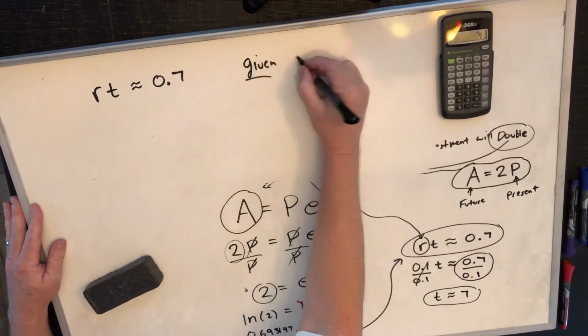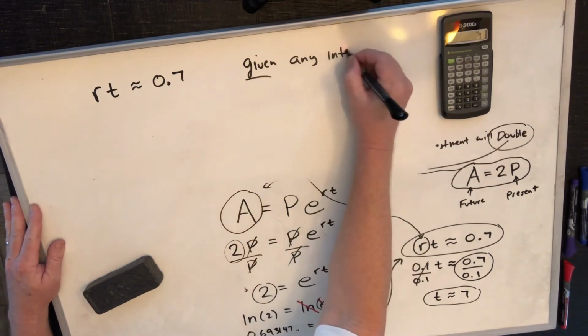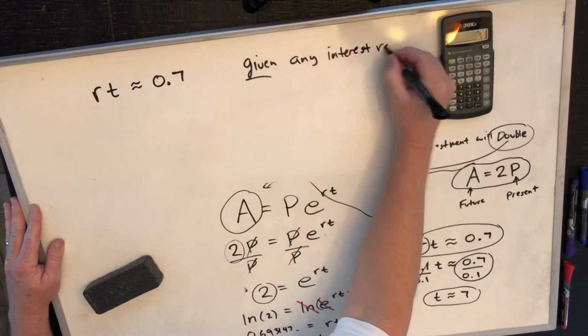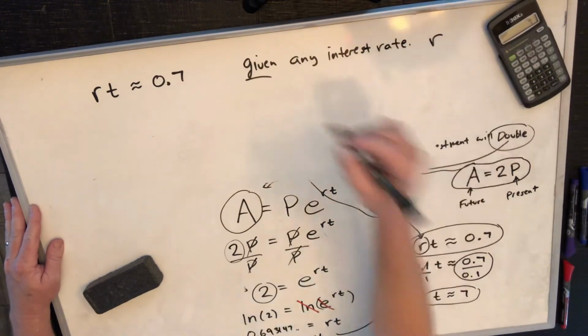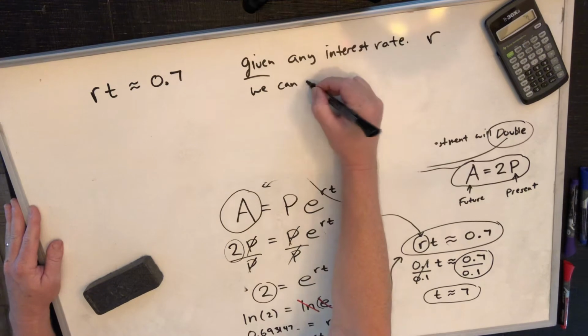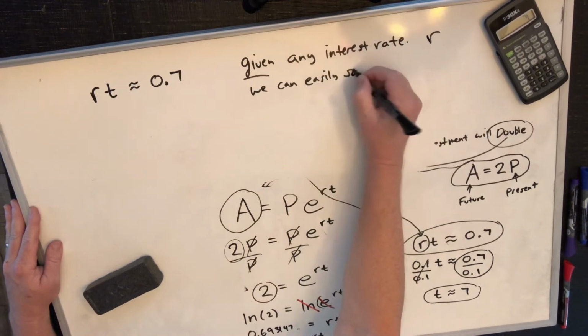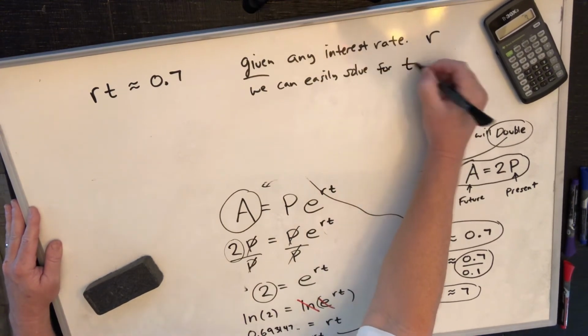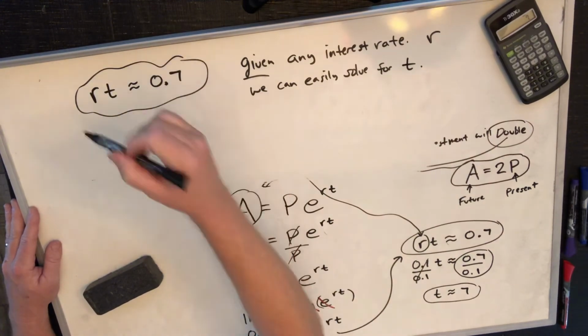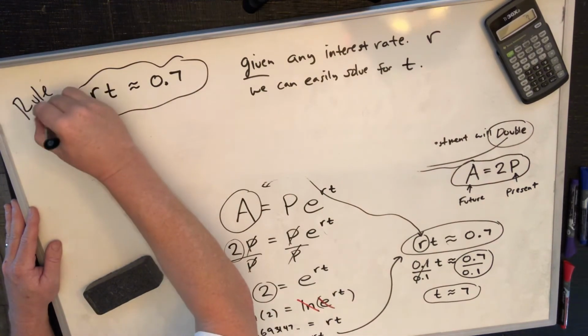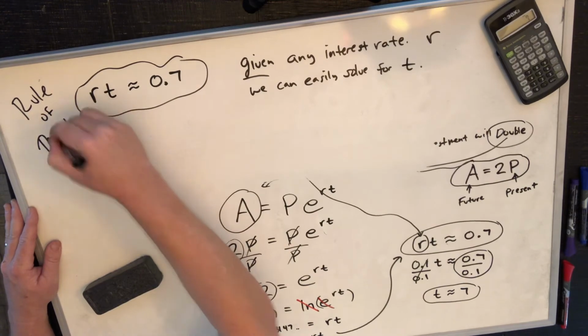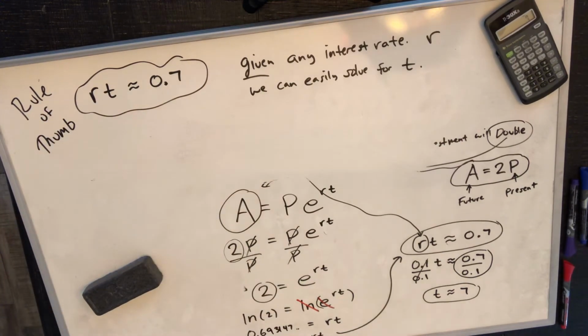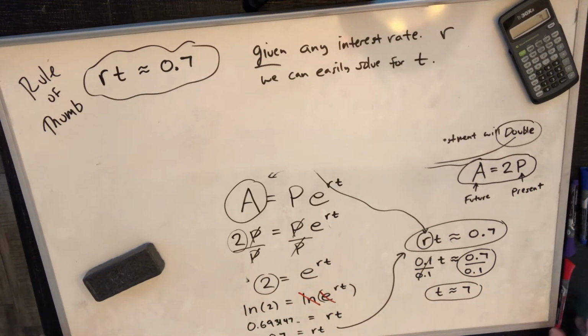Given any interest rate R, we can easily solve for T using this general rule of thumb. So the rule doesn't just give us one solution, but it'll give us the solution to any type of doubling problem, provided that it's continuous growth, continuous compounding.